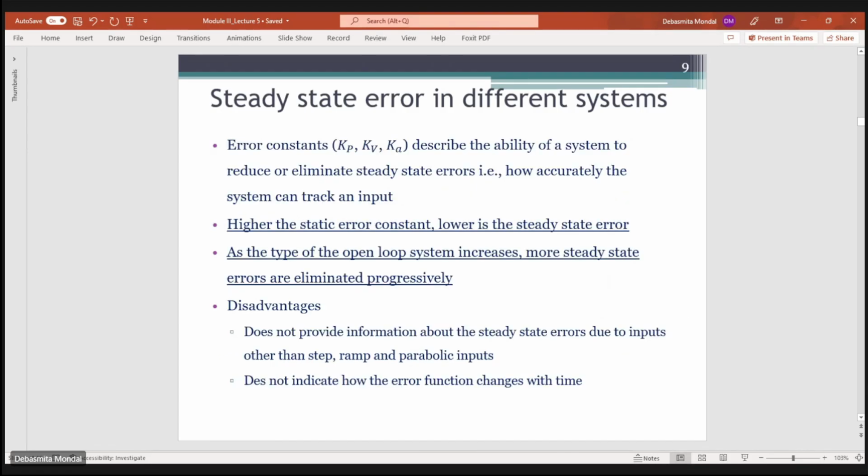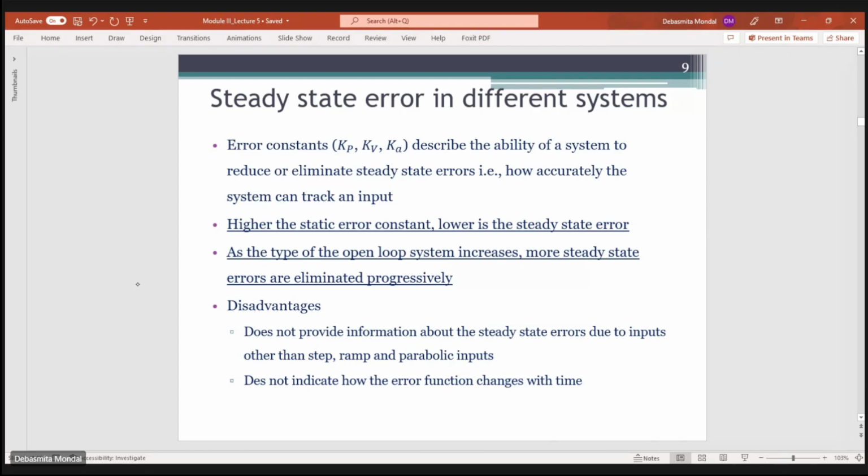So these error constants, the position, velocity, and acceleration error constants, describe the ability of the system to reduce or eliminate the steady state errors. To eliminate the steady state errors means how accurately the system is able to track the input that you are providing. So if you have a very high value of the static error constant, then the steady state error will be low.